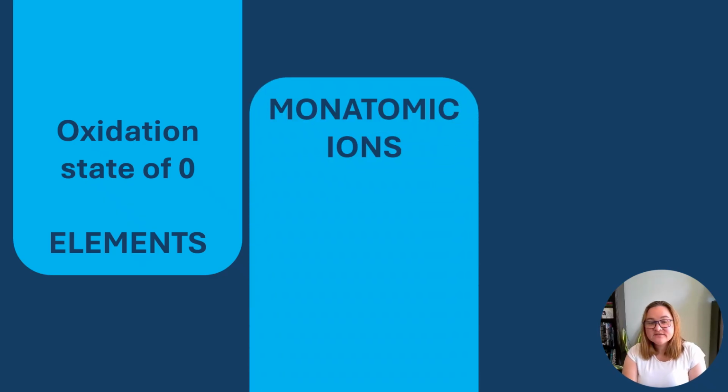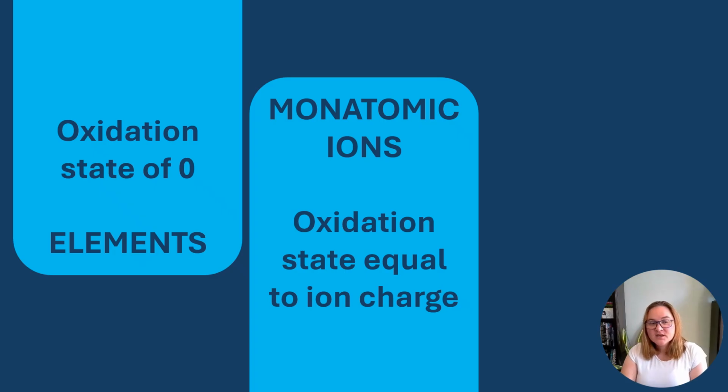The oxidation state of any monatomic ion will be equal to the charge on that ion. You can think of an oxidation state interchangeably with the charge when you're dealing with ions. Just watch out for the formatting on which one you're supposed to report. As a reminder, the calcium ion we just saw is a monatomic ion.